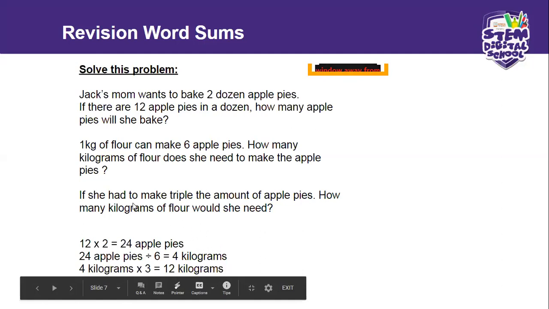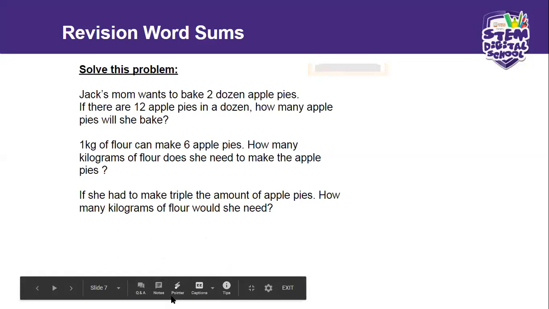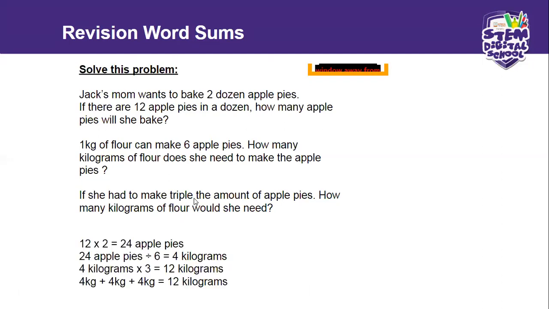And then the last one says, if she had to make triple the amount of apple pies, how many kilograms of flour would she need? First of all, we need to find out the triple, okay?